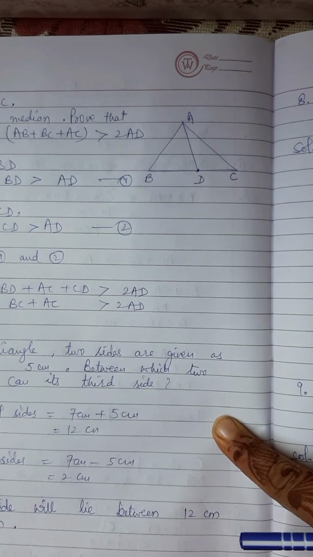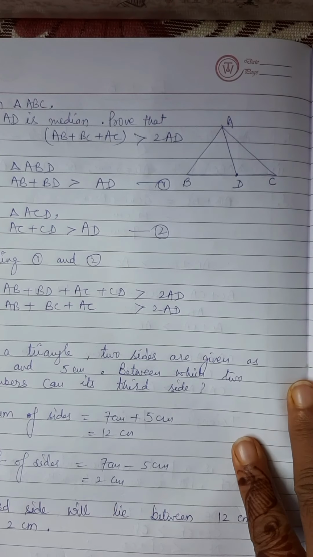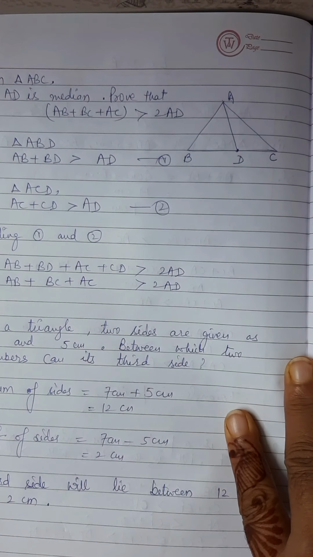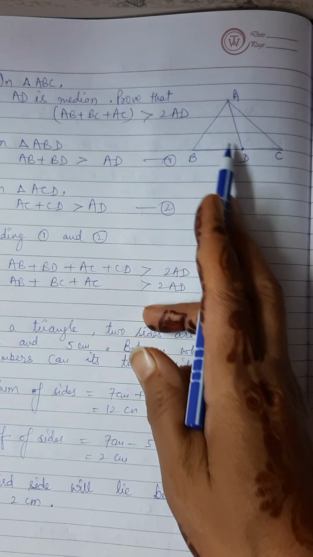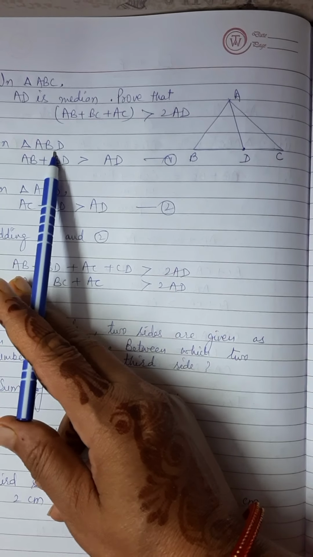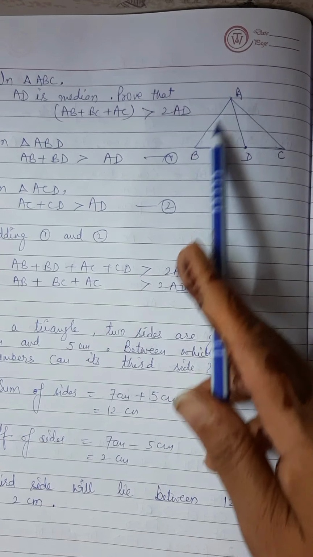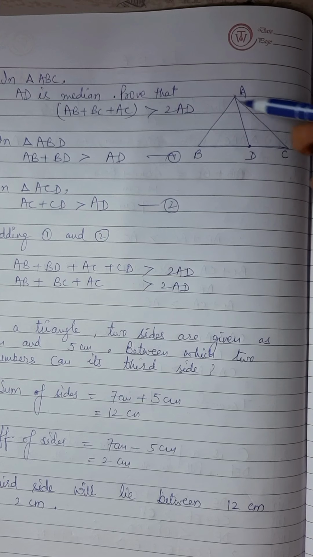Now the third sum. We are given a triangle ABC. AD is a median, and we have to prove that AB plus BC plus AC is greater than double of AD. In the solution, we write that in triangle ABD, AB plus BD is greater than AD. Now considering triangle ACD, AC plus CD is greater than AD.